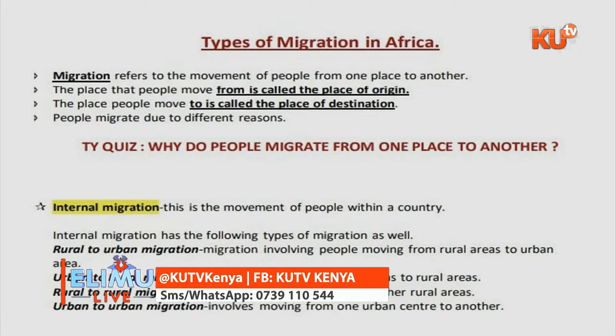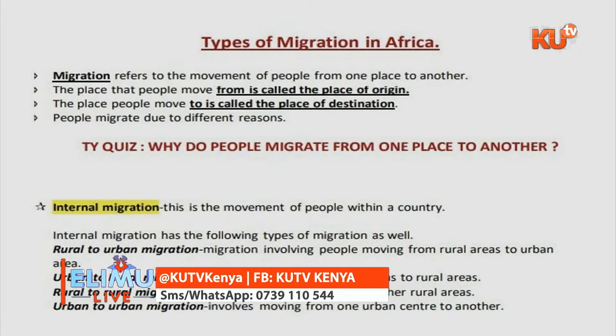Question number 2 on the TY quiz: what are some of the reasons that made the major language groups to move from their original homeland to their current homeland? For example, the Bantus, Cushites, Semites, and also the Nilotes.